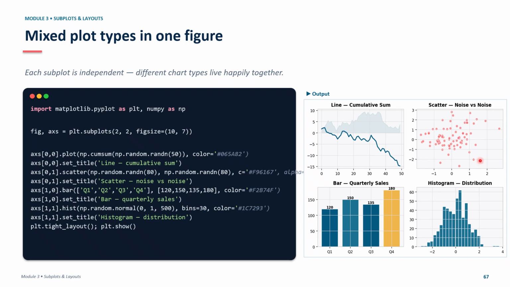This pattern is exactly what we use for exploratory data analysis, when you first get a data set and you want to quickly see what the time trend looks like, is there any correlation, or what is the distribution. These 4 panels, one command can be used to generate and save them.